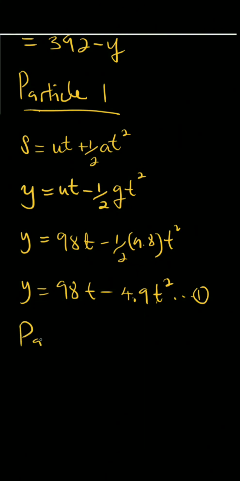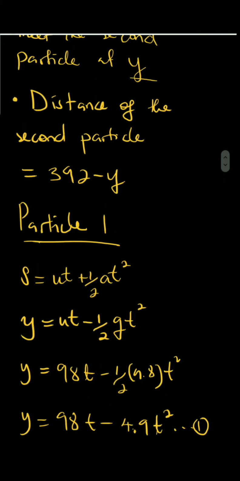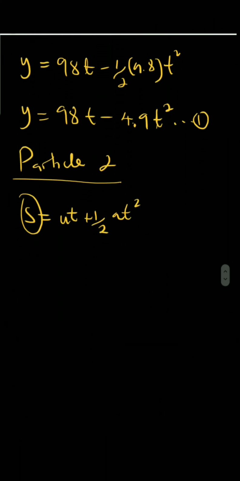Now we move to the second particle, particle 2. This one is being dropped from the tower. So the displacement is s equals ut plus half at squared. The distance for this one is 392 minus y, as clearly indicated.